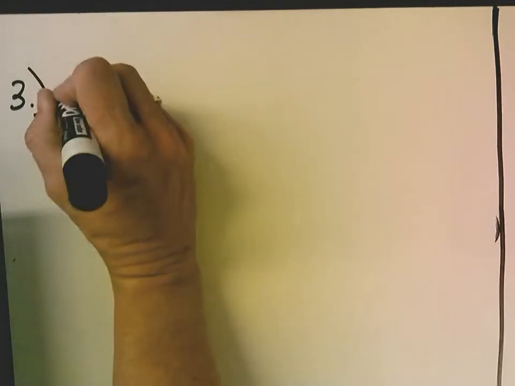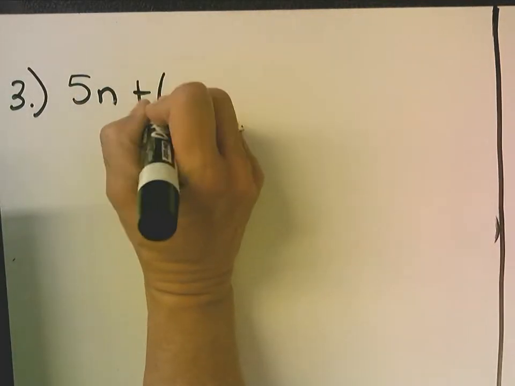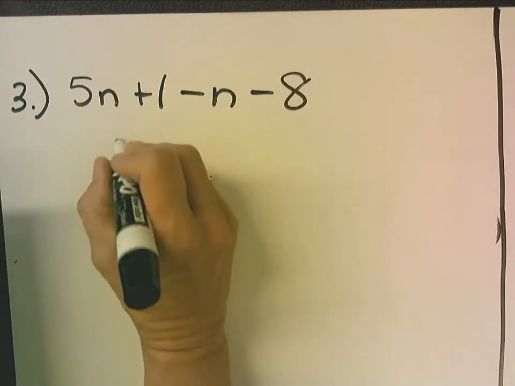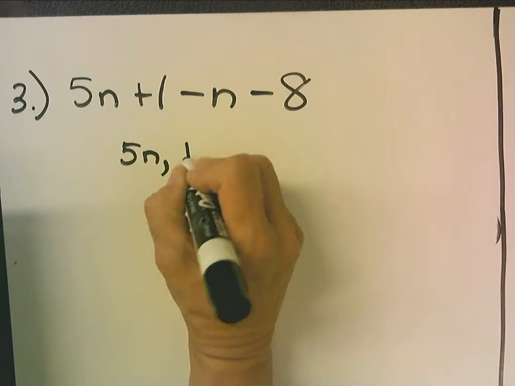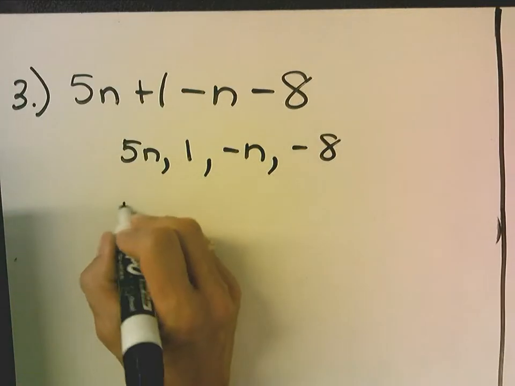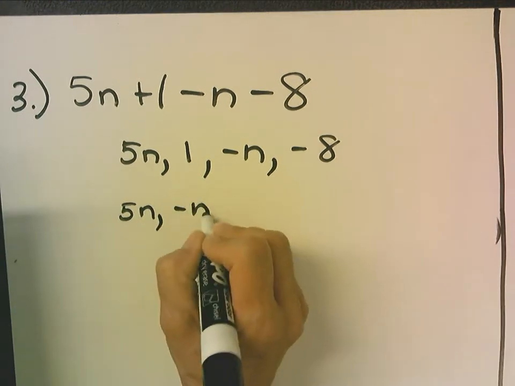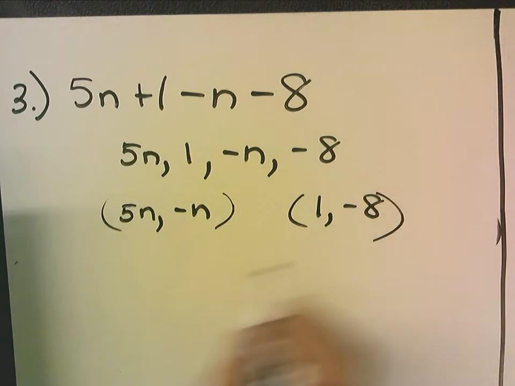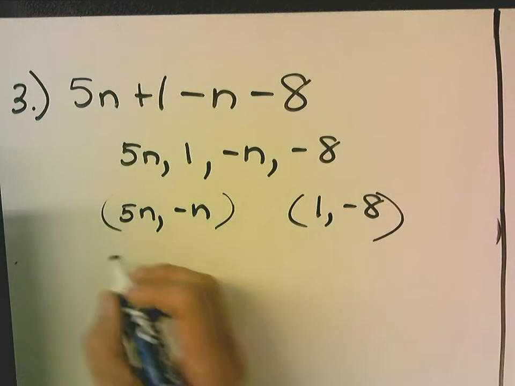Okay, now I'm going to do number 3. 5n plus 1 minus n minus 8. Again, I'm going to list my terms separated by commas. I'm going to group my like terms. Right? These are like terms. I'm going to list my coefficients.